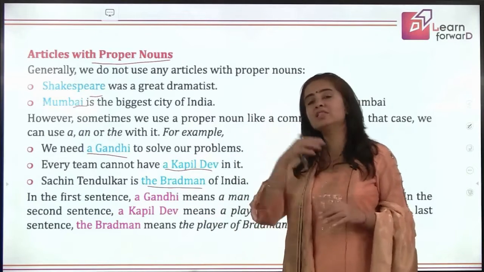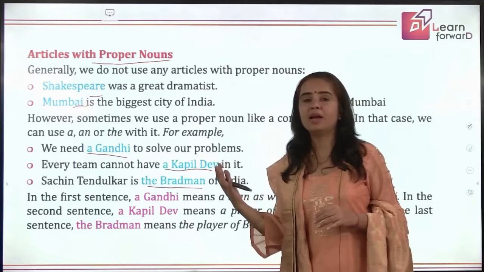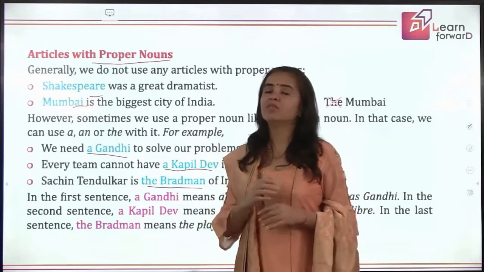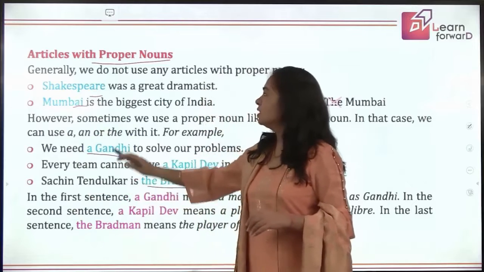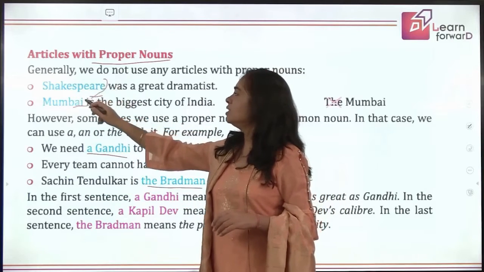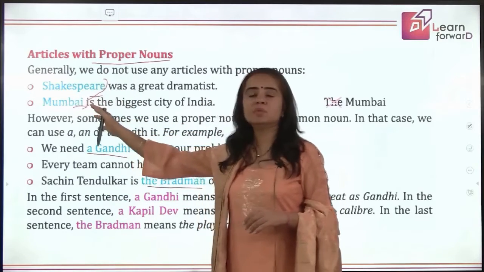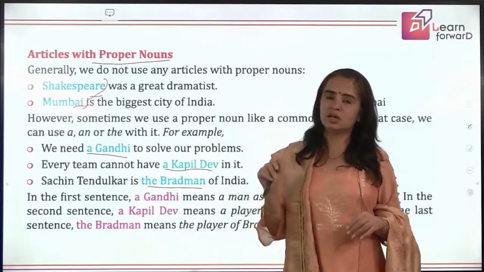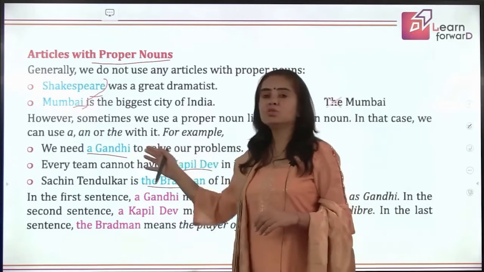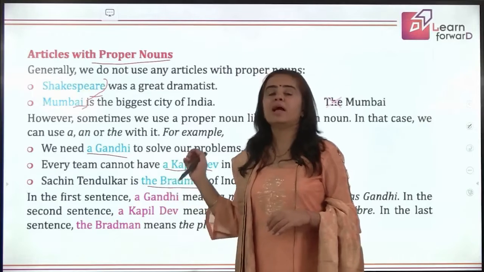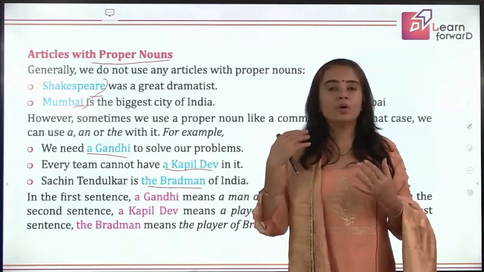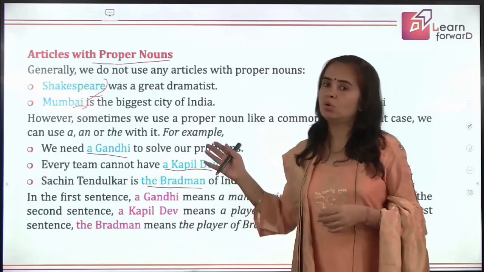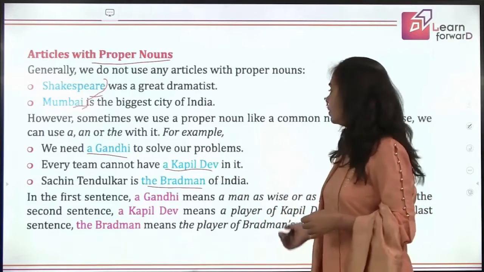That means he has all the qualities of Bradman and he is playing from India, right? Now, in these sentences, what I have told you is the reference to these special names in general. But when we are using an article before them, that means we are talking about the qualities of that noun, right?